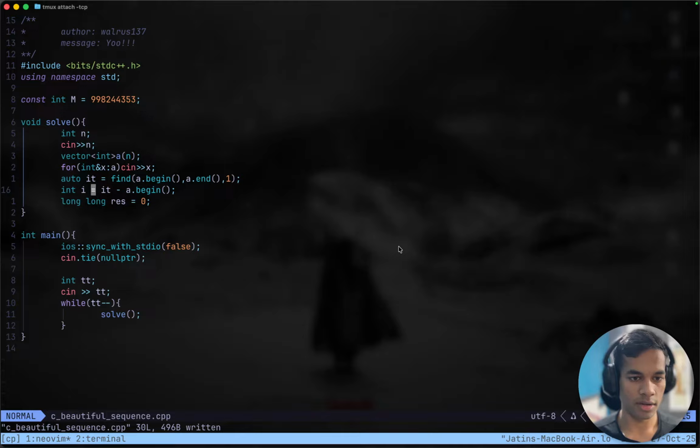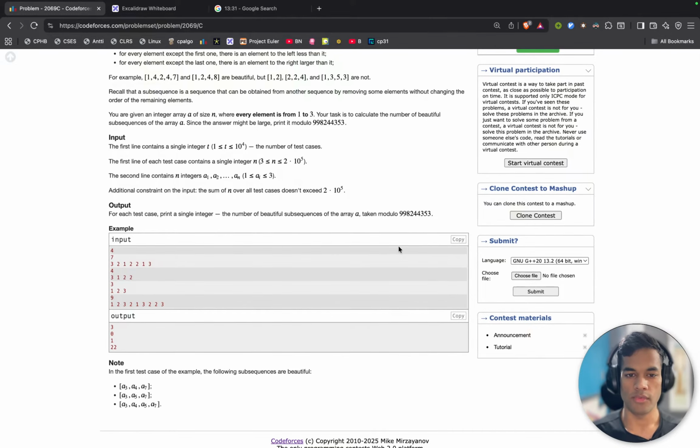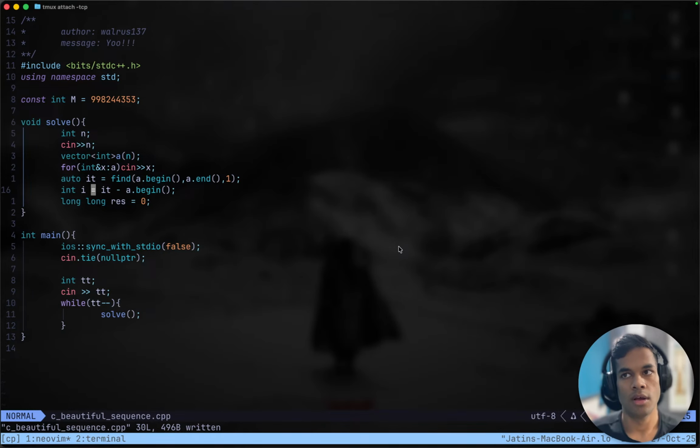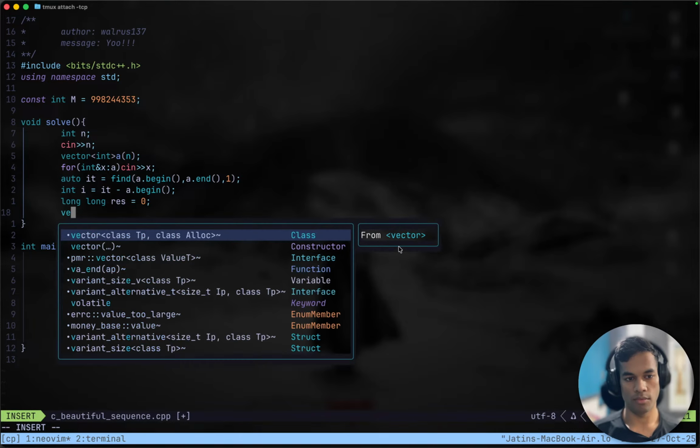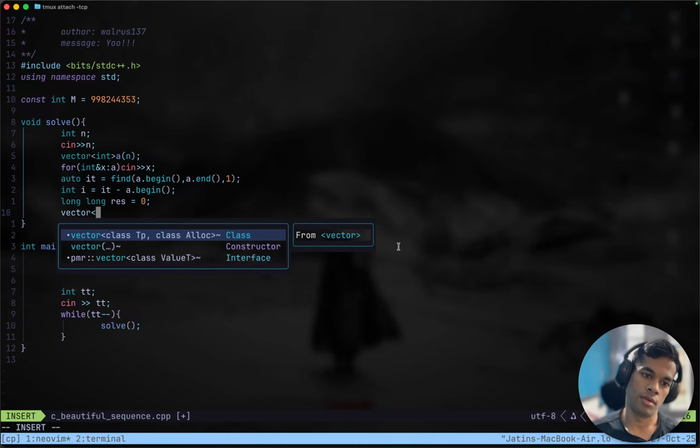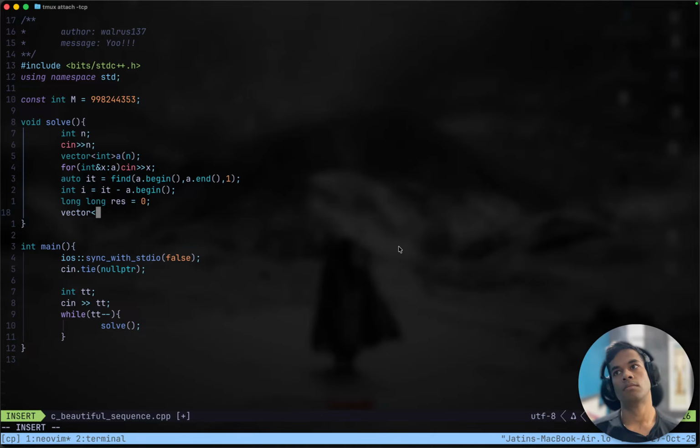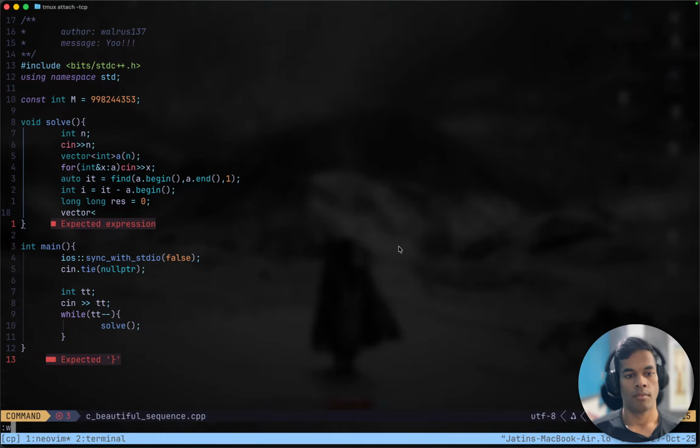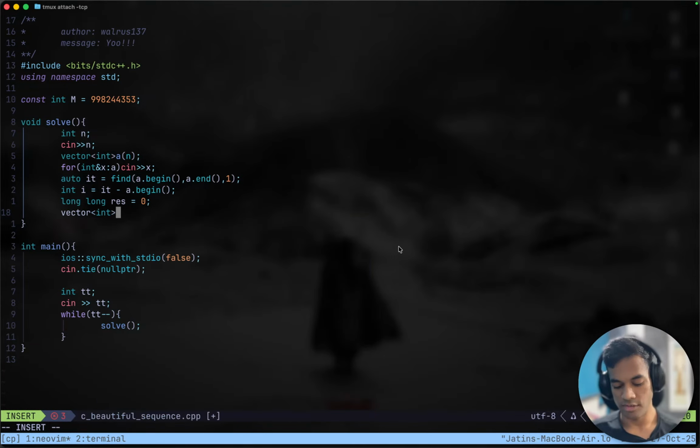And after that, we will need a couple of things. We will need how many twos are to the right. Vector of integers.